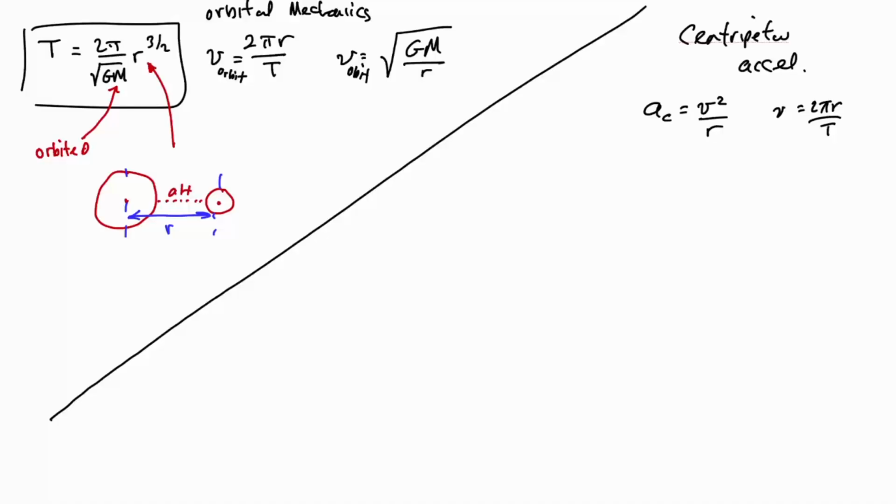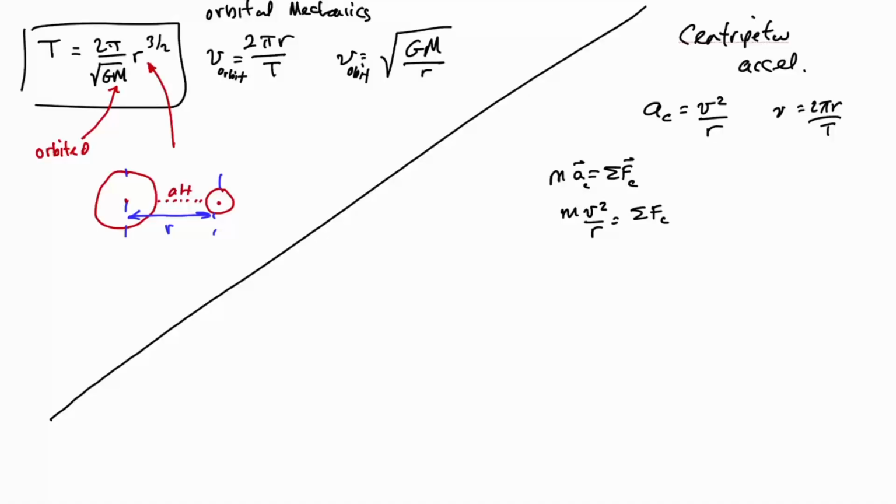Where this gets intersected with Newton's laws is in Newton's second law, where if this object is going around in a circle, it has centripetal acceleration, we can identify the force that's causing the object to go around in a circle, and we substitute in v squared over r for the acceleration. That's really the only change, right?